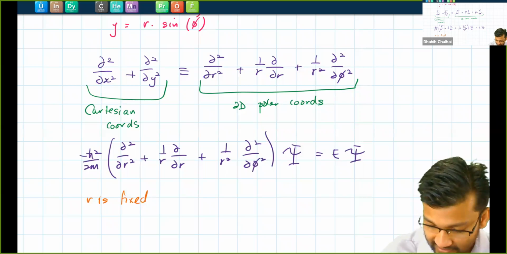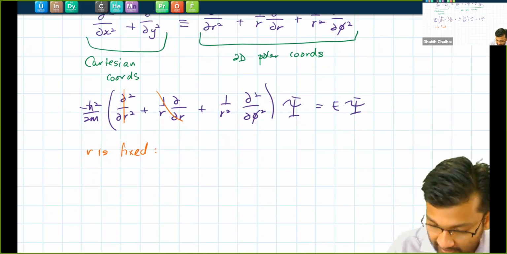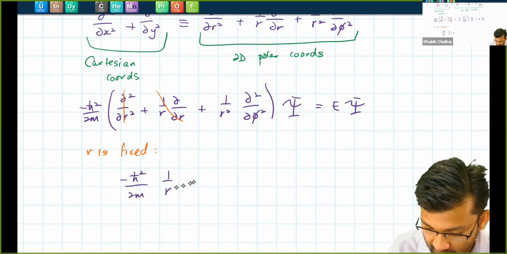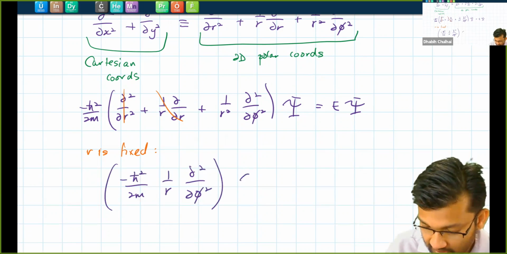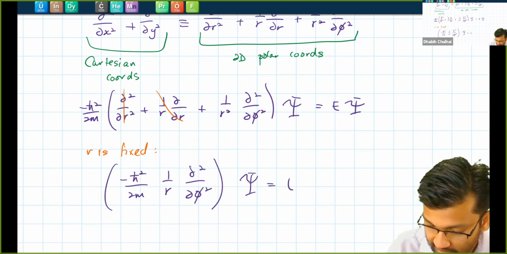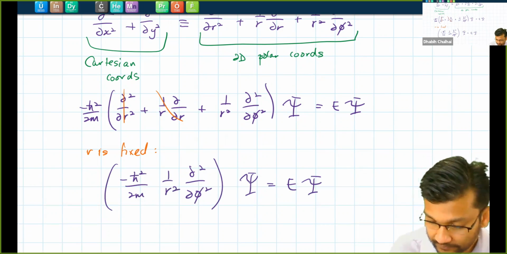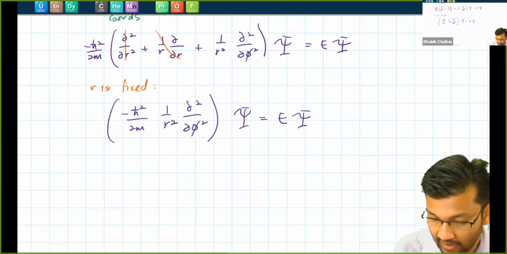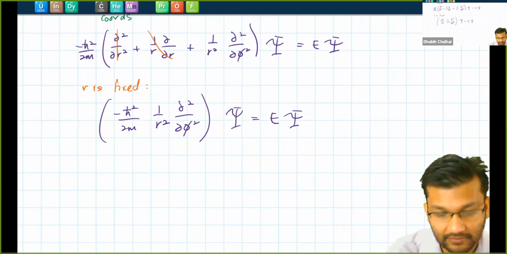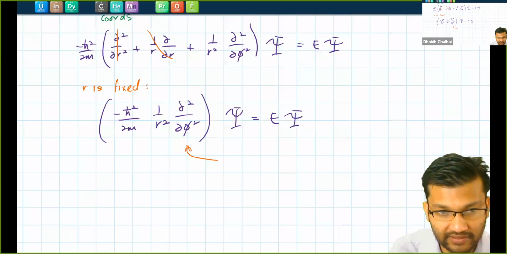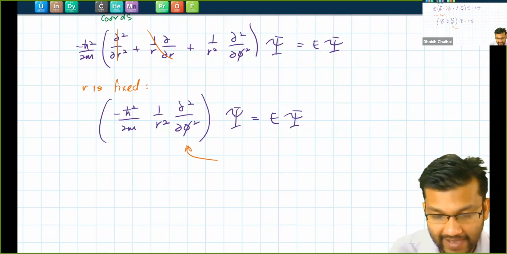So if that's the case, that doesn't exist, that doesn't exist, and all that we're left with is this equation times 1 over r squared d squared d phi squared. That's the Hamiltonian, that's the wave function, that's the energy, and the wave function again. We've simplified it by a ton. And now in here, we're only working with a derivative with respect to phi, this angle.